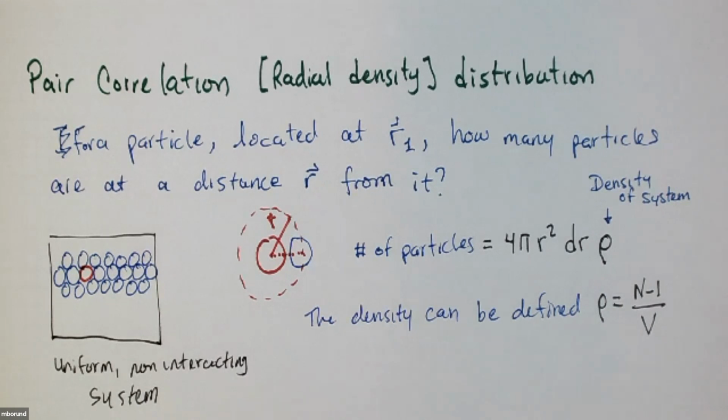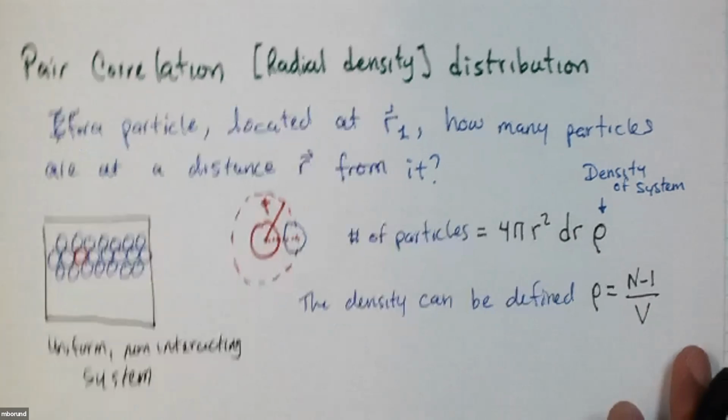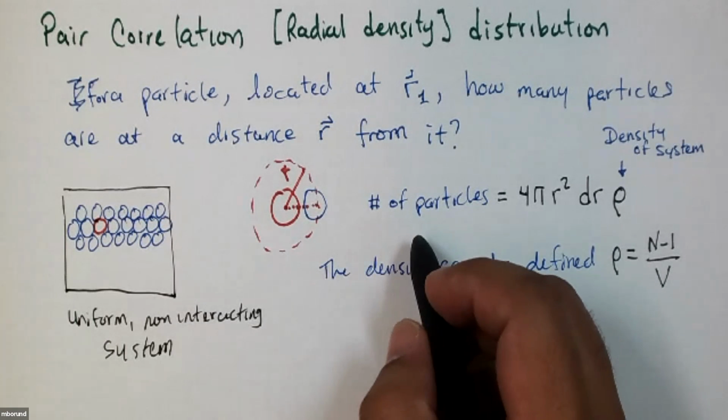So I have to put a circle in it, but it's not an infinitesimal circle. It's more like a little shell, right? That's what my dr is. You can take it to that extreme when you're doing calculus, that it becomes an infinitesimal thing. But it's just the size of the shell, this dr. Questions? So this is the number of particles.